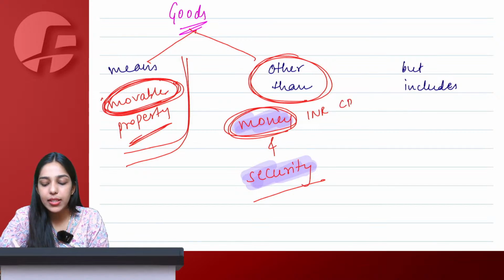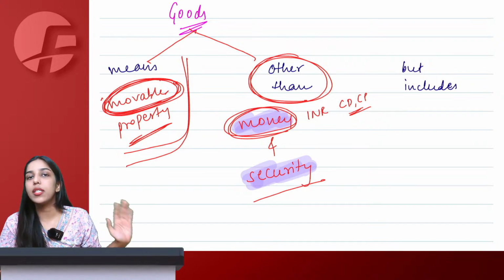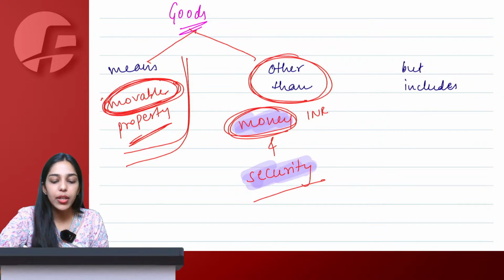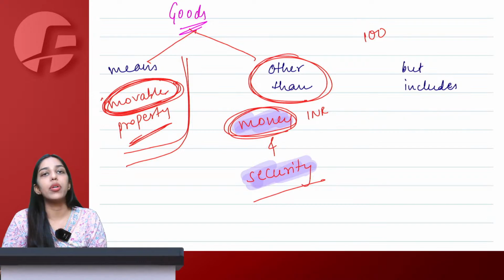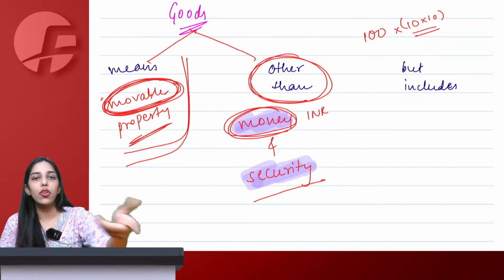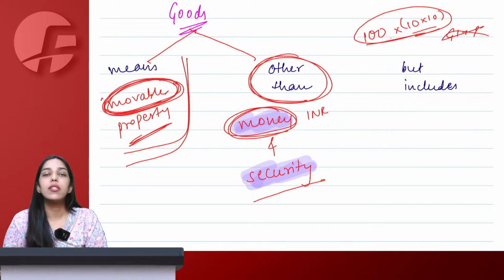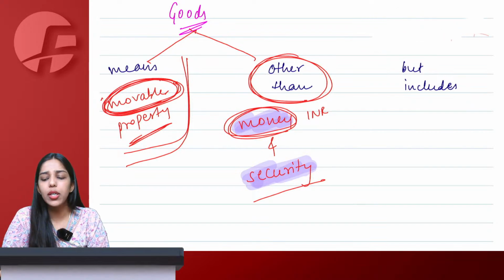In fact, CD and CP, certificate of deposit and commercial paper, are also considered money only. So today if I give you a 100 rupee note, will it be considered a supply? No. I give you 100, you give me 10 rupee 10 notes. You give me change, 10 rupee 10 notes, I give you 100. Is this supply? Will GST be levied? The answer is no.